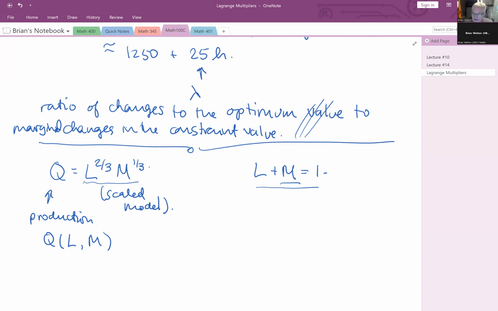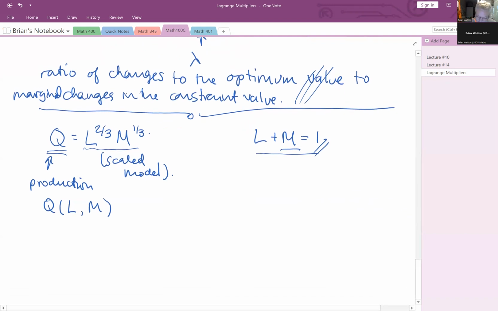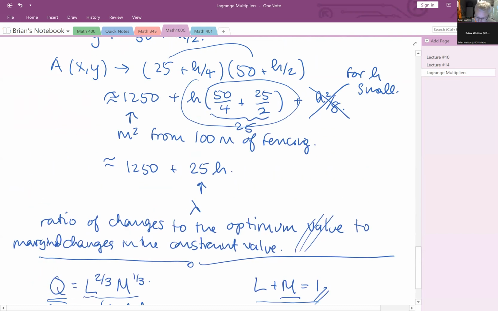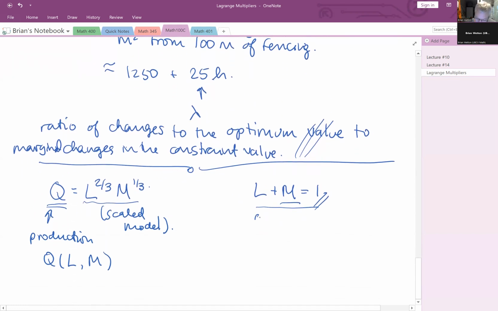And remember, the lambda value that comes out will be the ratio of increased production to increased resources. And so it's going to have an interesting meaning that you want to know. So let's write the constraint equals 0.